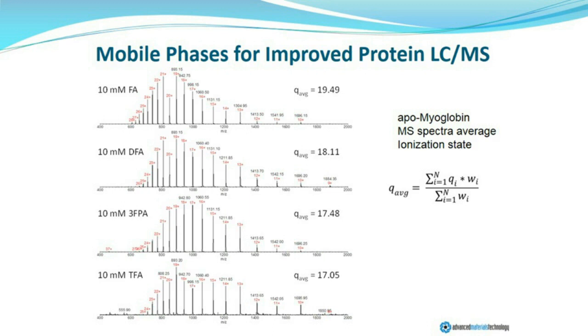They all exhibit multiple charge states. The charge state envelopes look relatively similar. The average charge states are highest for formic acid and lowest for trifluoroacetic acid, and difluoroacetic acid resides somewhere between the two. Again, useful deconvolution of these spectra can be obtained under any of the mobile phase conditions.